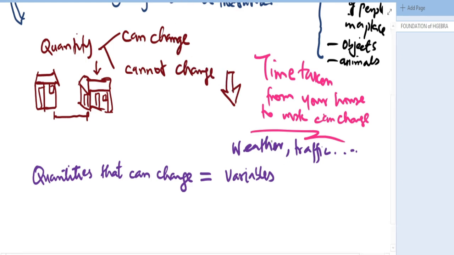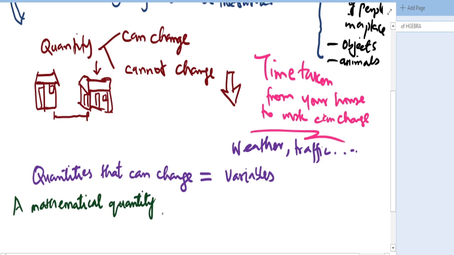We can define a variable as a mathematical quantity that can change, meaning it does not remain constant.